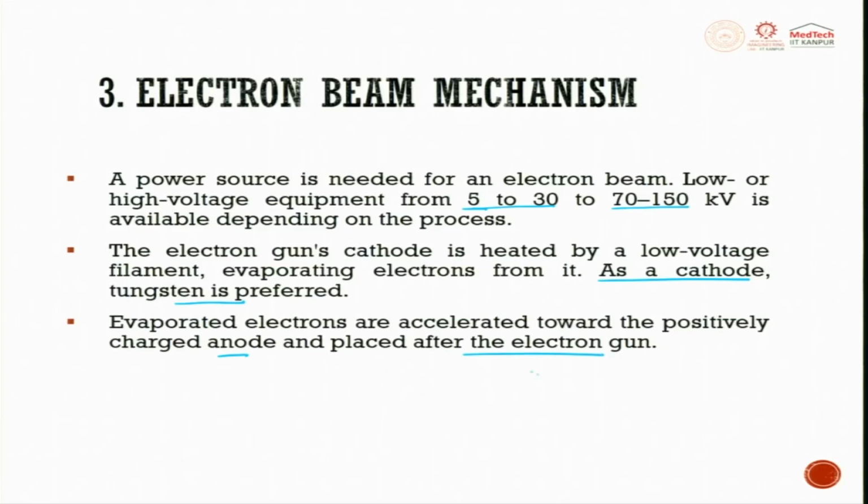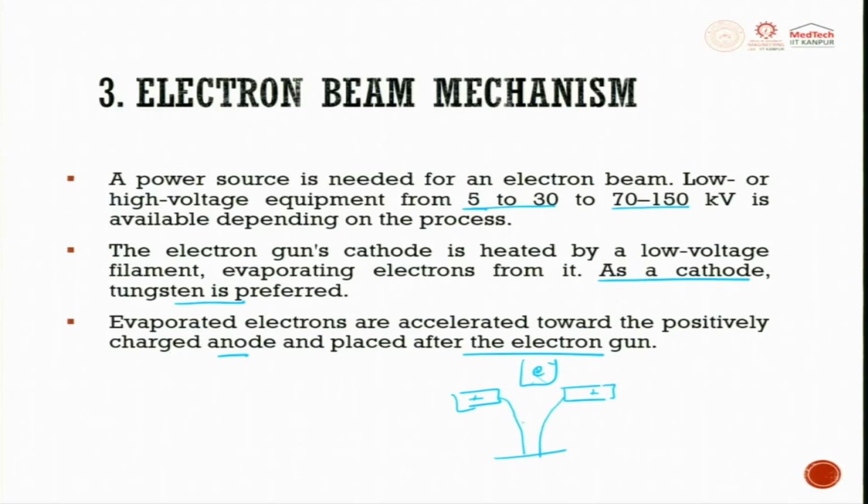So, the electrons whichever come towards the, so what will happen? Electrons e will come, and here let us assume there is a ring which is positive. So, all these things will come to this. So, the electrons are accelerated towards the positively charged anode that is placed after the electron gun. This is the electron gun. So, what will happen? They will all be pulled and then go here. From here, what you do is you try to focus it down.